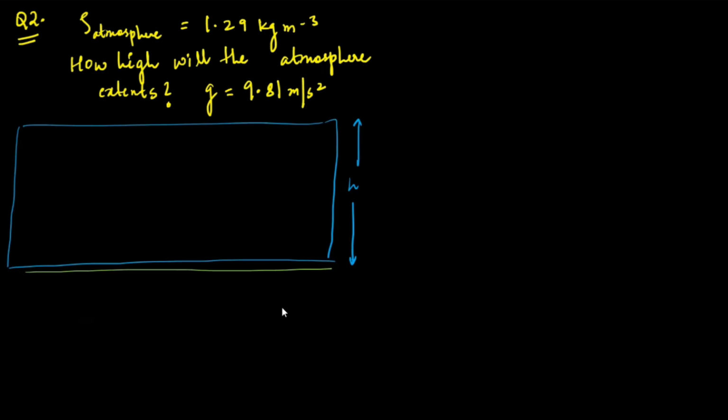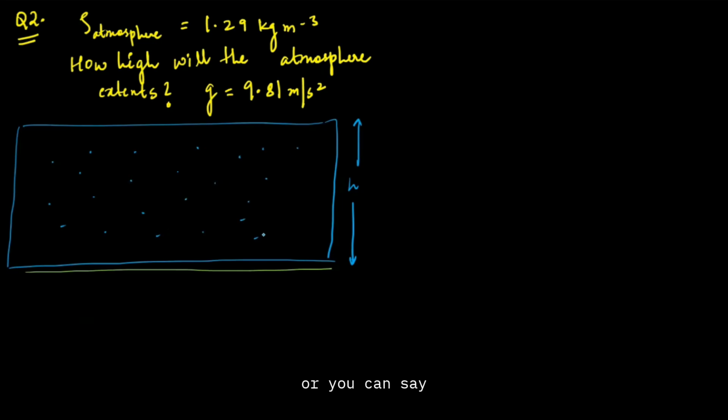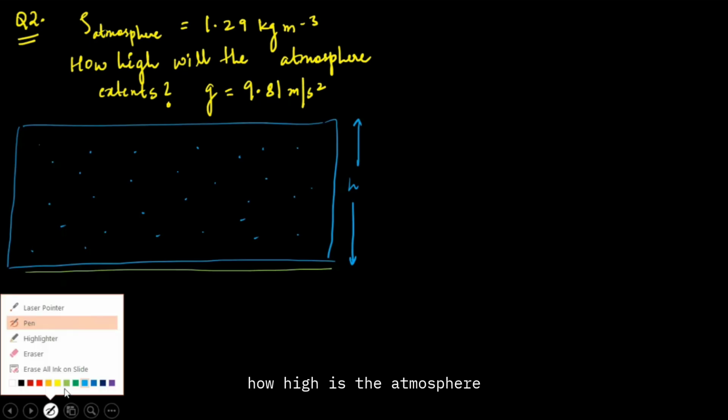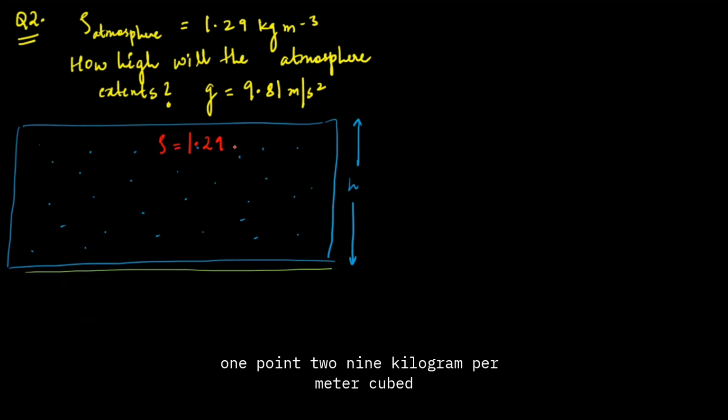We know that, right? So all the air molecules will be capable of exerting pressure at the bottom, or you can say at the surface of Earth, and that is something we are familiar with. So the question is, how high is the atmosphere if the density of atmosphere is 1.29 kilogram per meter cube?